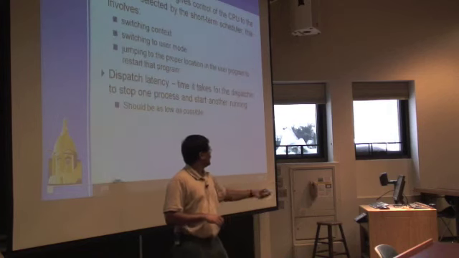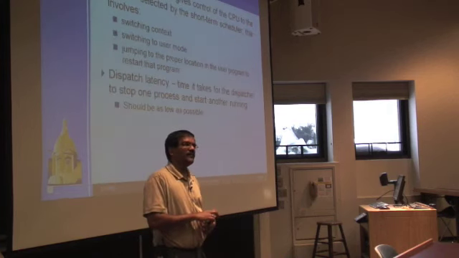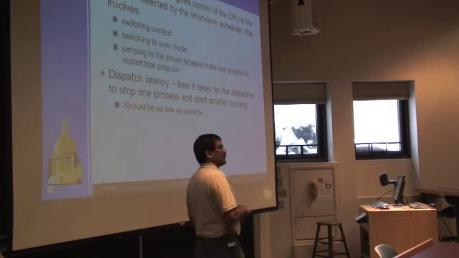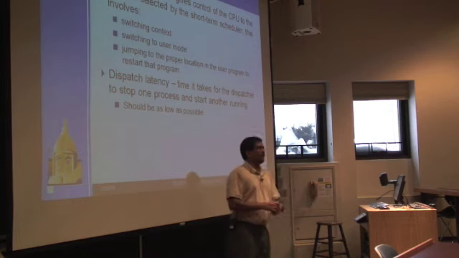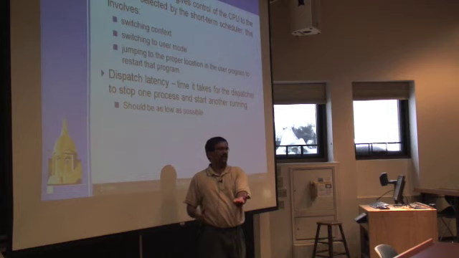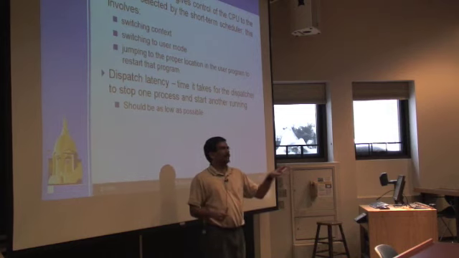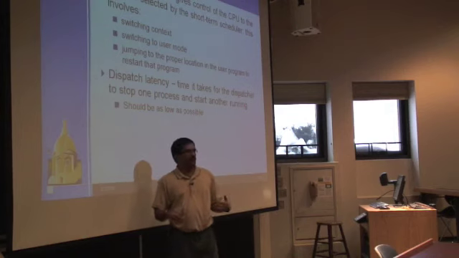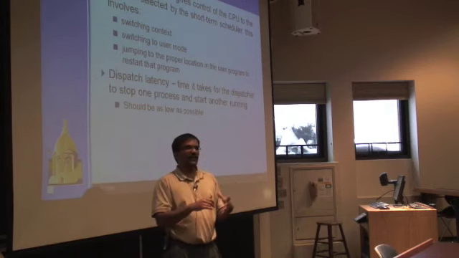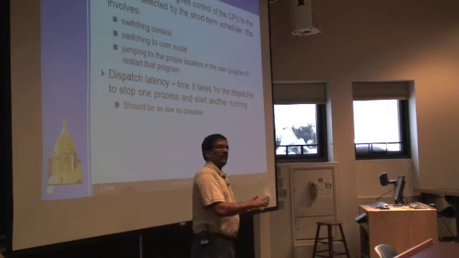The specific module which does that is the dispatcher. It's a little piece of code which, if it's trying to switch from one process to another, has to make sure that it saves all the state of the previous process, right? And the process may include the state within the kernel or what have you.